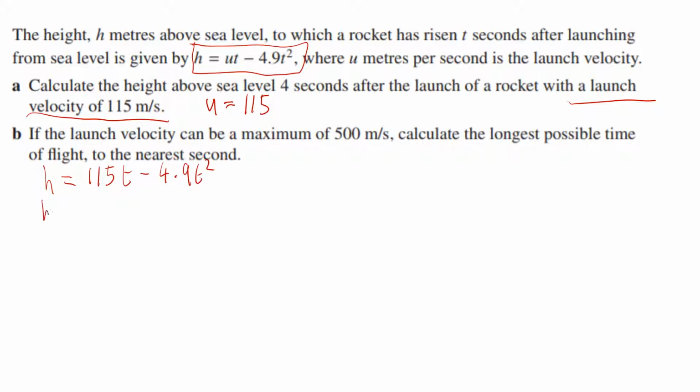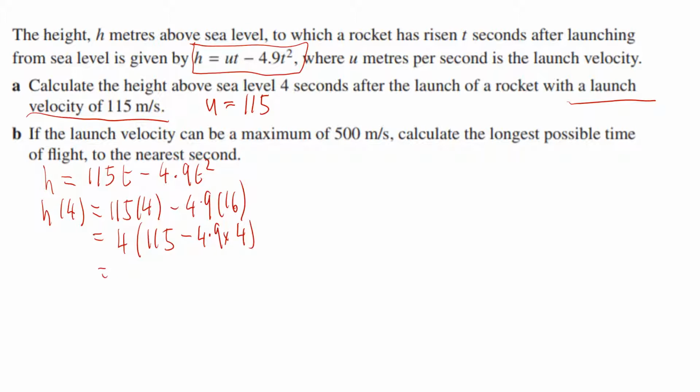And we need to work out h when t is equal to 4. So 115 times 4 minus 4.9 times 4 squared, which is 16. Well, we can do this by hand. Take out 4 as a common factor: 115 minus 4.9 times 4.